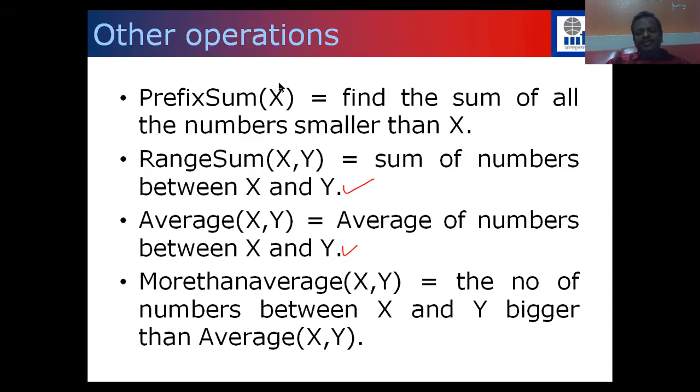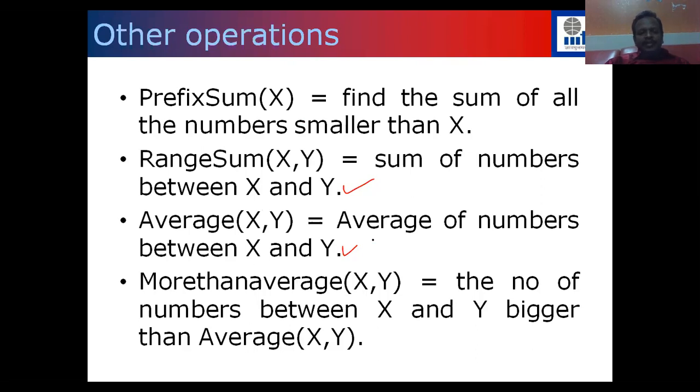The average of these two numbers will lie between x and y, so that's some number between x and y. Let's call it a. You can find the number of numbers between the average and y by finding the rank of y minus the rank of the average, which both can be found in order log n.